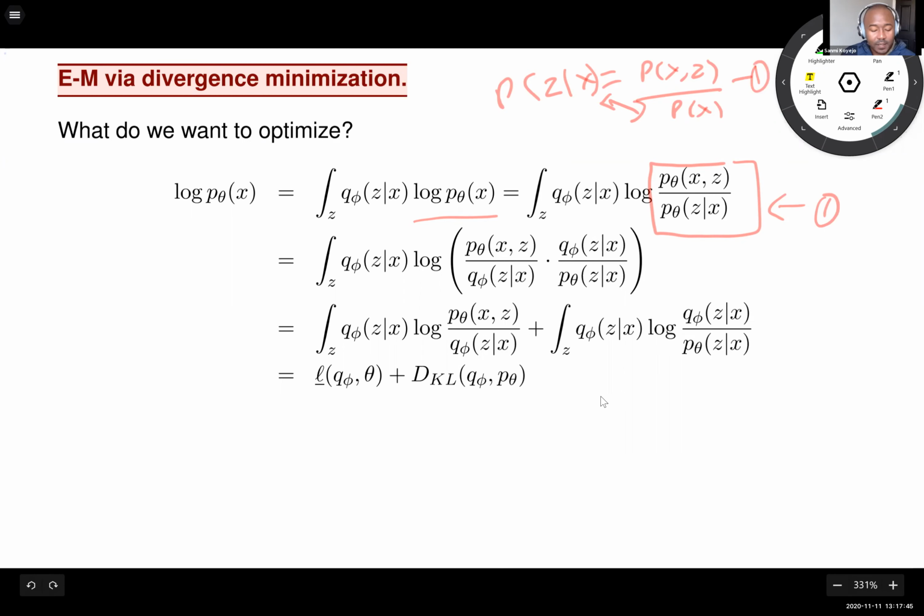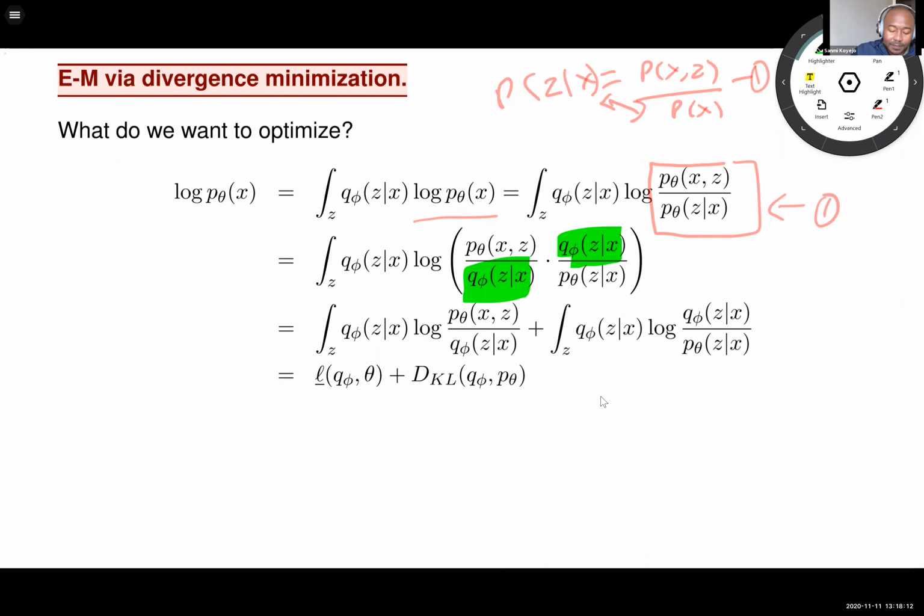Step number two, I'm going to then multiply and divide by 1. The multiply and divide by 1 is Q of Z given X. Let me highlight it instead. Sorry, I'm multiplying and dividing by the same quantity, so it doesn't change my equation.